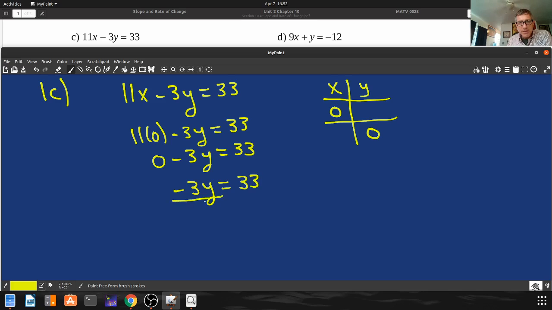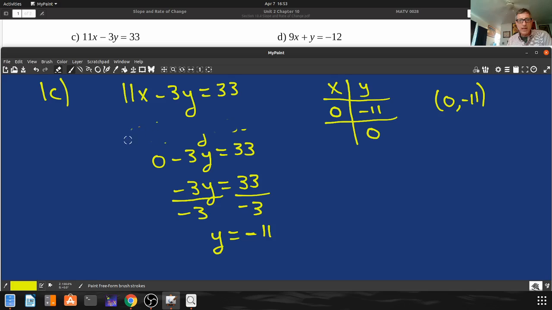So again, I'm going to divide both sides by minus 3. Now we get a value of y equals to minus 11. So right there is 1 point. 0, minus 11. The next thing I'm going to do is set y equal to 0.